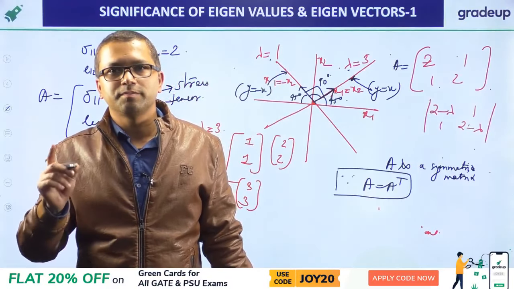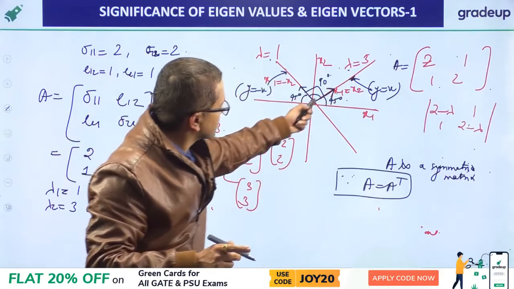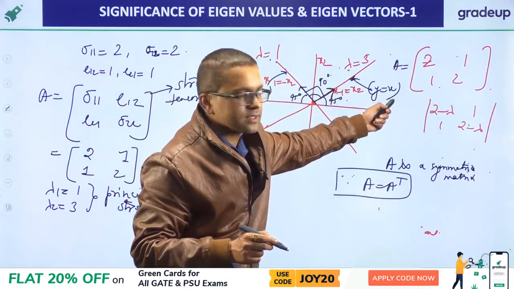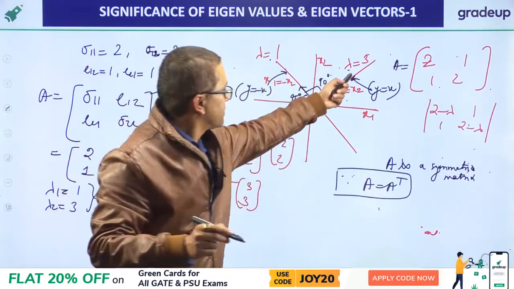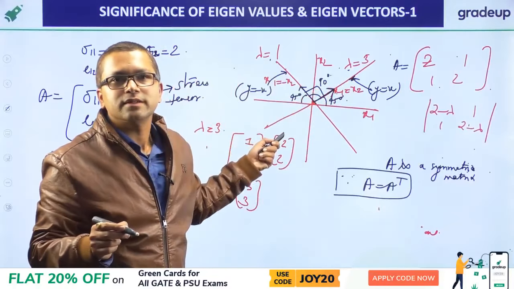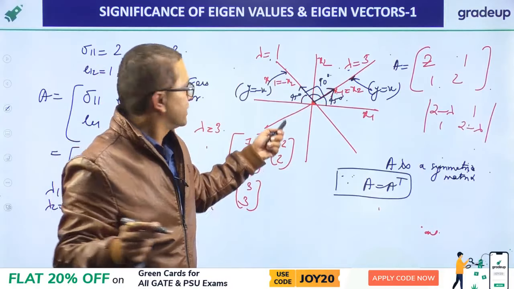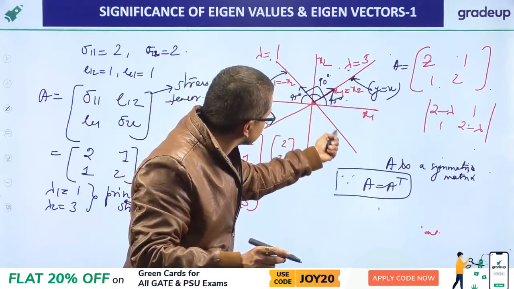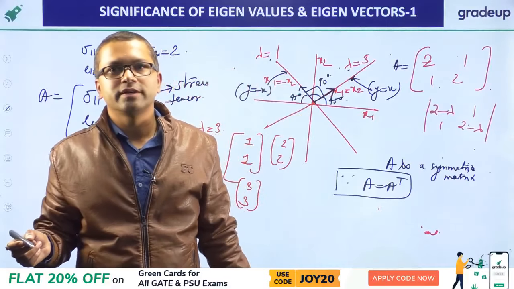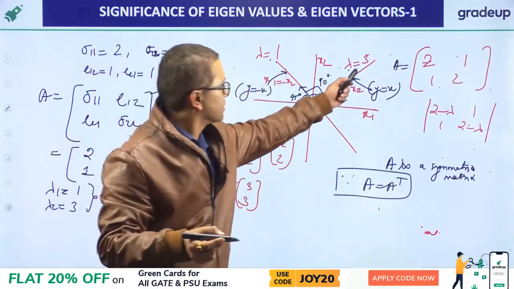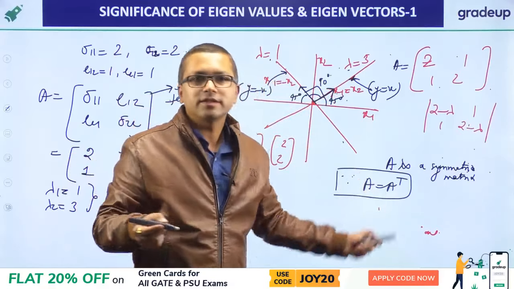I am going to repeat it. These eigenvectors, all of them which are along this line y equals x, or x1 equals x2 in this case, are principal plane number 1. The second eigenvectors along this line are principal plane number 2. So major principal plane corresponds to this, minor principal plane corresponds to this.